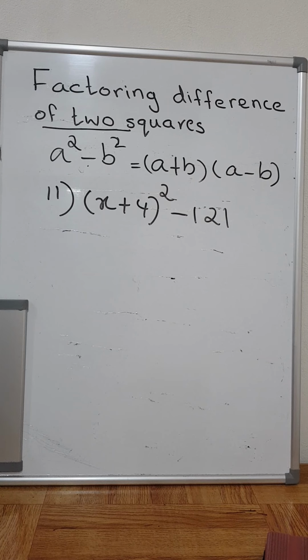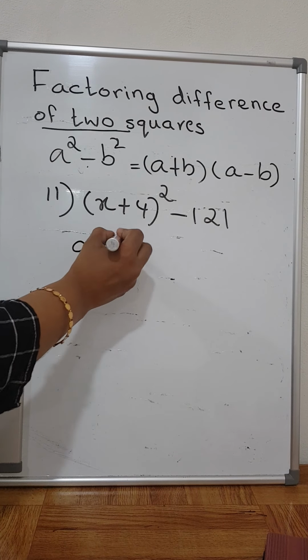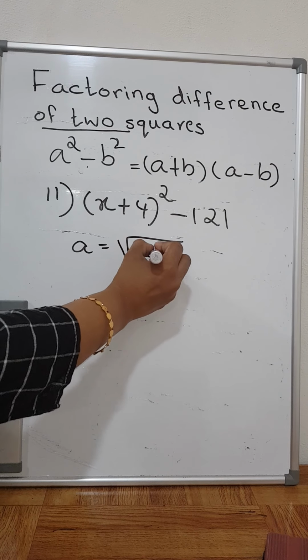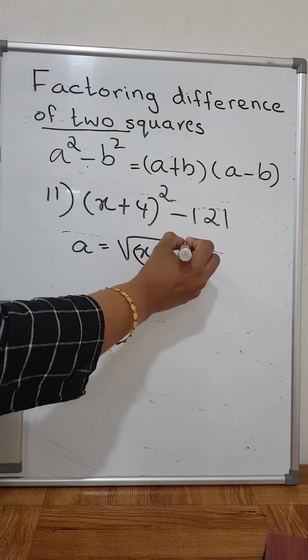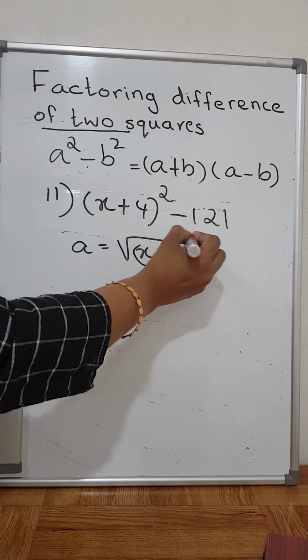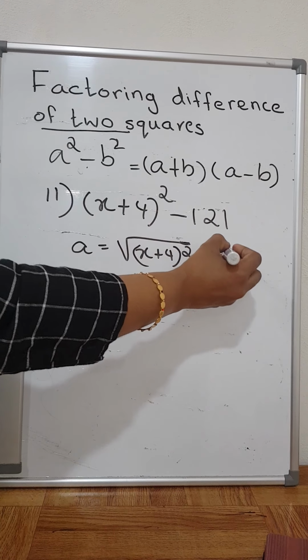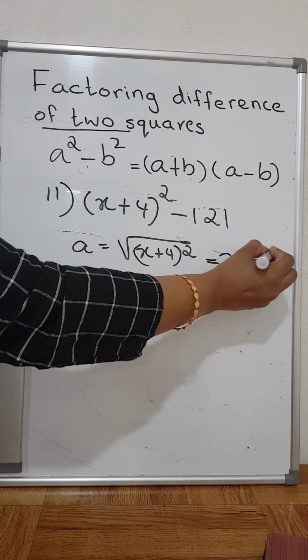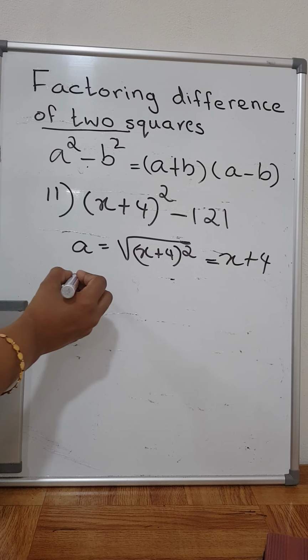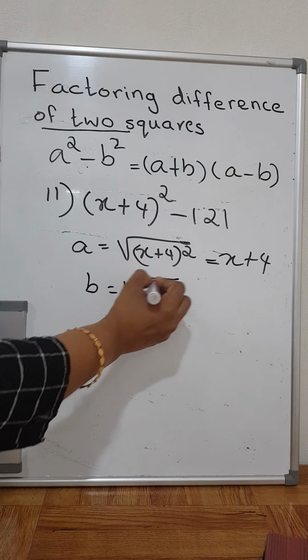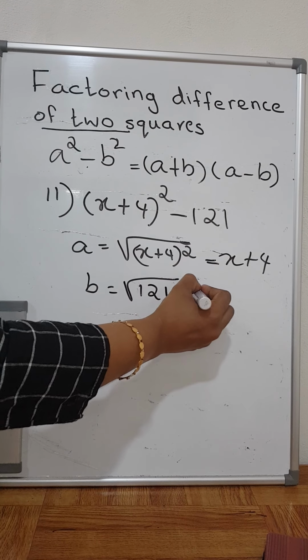See here, a² is (x plus 4) the whole square. So a is what? Square root of (x plus 4) the whole square. Definitely root and square will cancel out. That will be x plus 4. b is the square root of 121, that is 11.